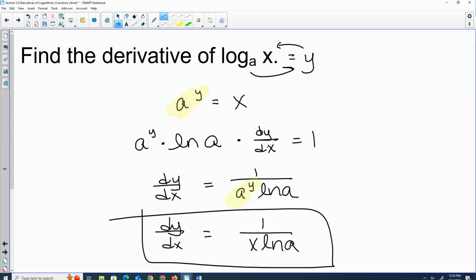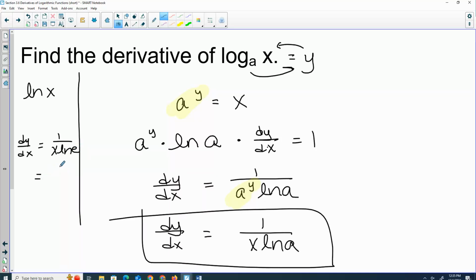However, this is kind of cumbersome. Just like with exponentials, we preferred e's because they had a nice derivative. The same is true with logs. If you have a natural log, that is much nicer. Because if I'm doing this derivative, it's 1 over the argument times the natural log of the base. The base of a natural log is e.